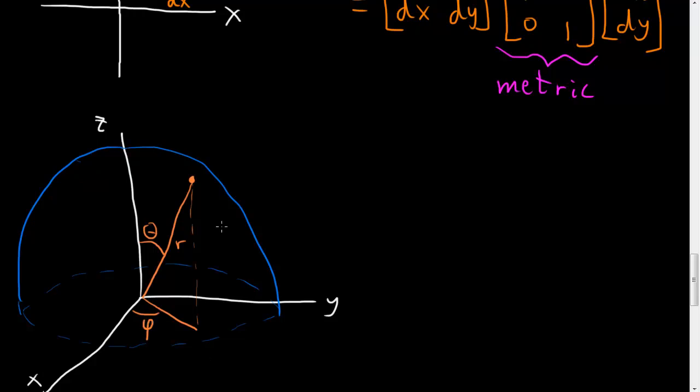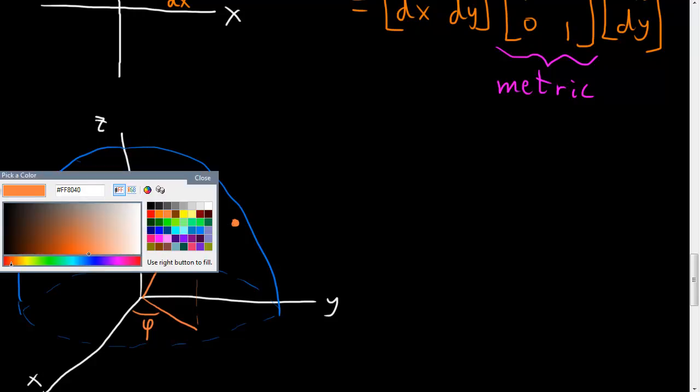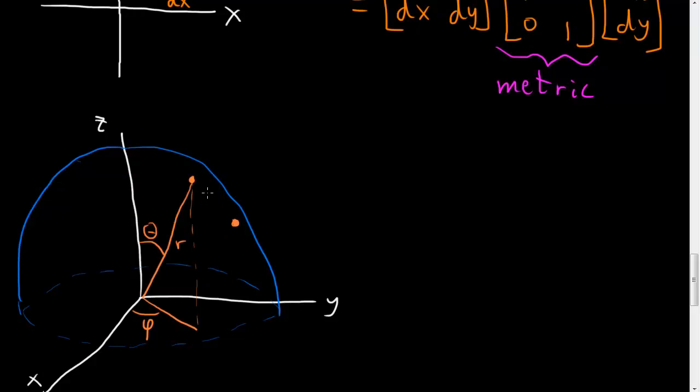So now what if we have another point that's nearby on the sphere, like down here? So this is a point that's nearby on the sphere. And then to get from the first point to that second point, let's use a slightly different color. We first need to go down like this from the original theta value to a new theta value down here.